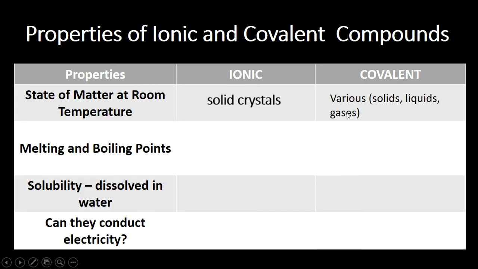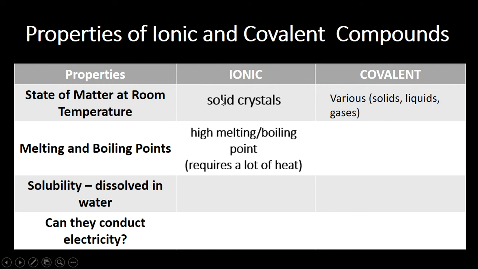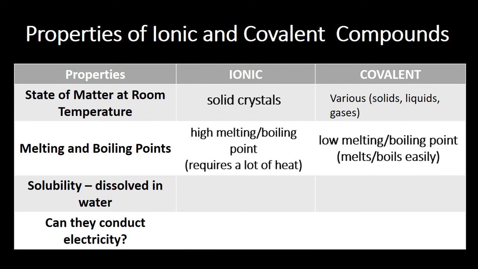They could be solids, liquids, or gases. Melting and boiling points: you've learned hopefully that ionic compounds will have high melting and boiling points, right? Because you're pulling apart those positive and minus charges. Whereas covalent compounds, which keep their covalent bond after they've melted, will have low melting and boiling points because you're not taking away that major covalent bond. You're just taking away the forces in between the molecules.